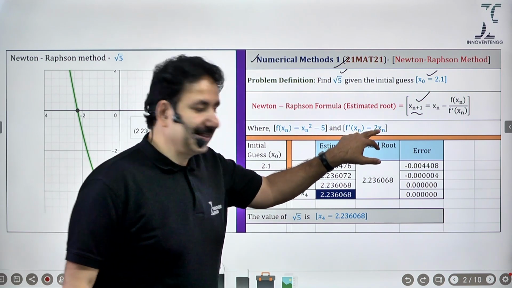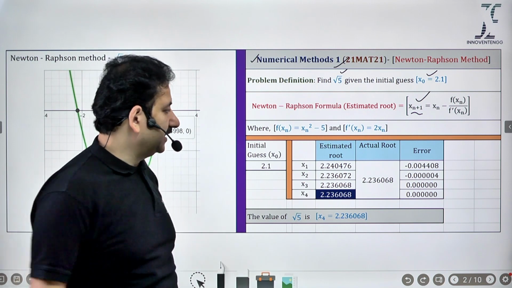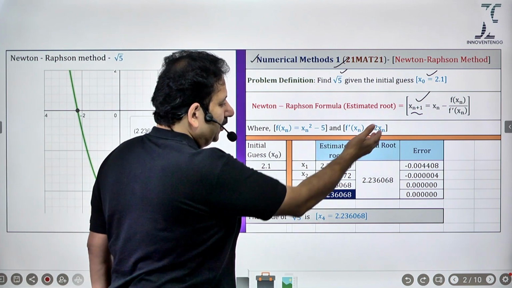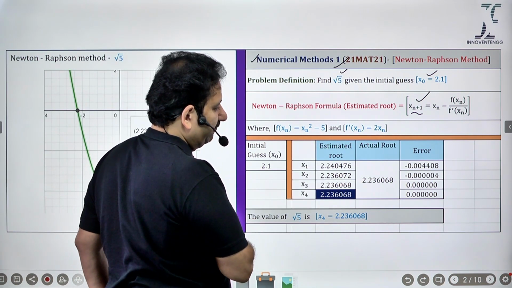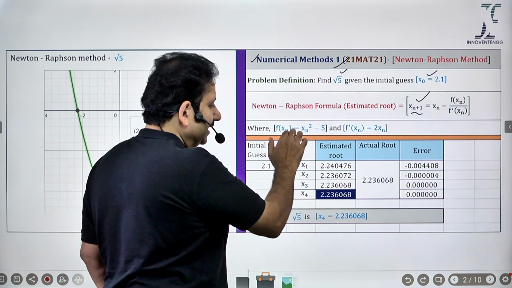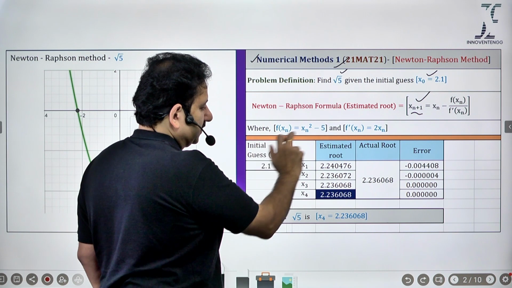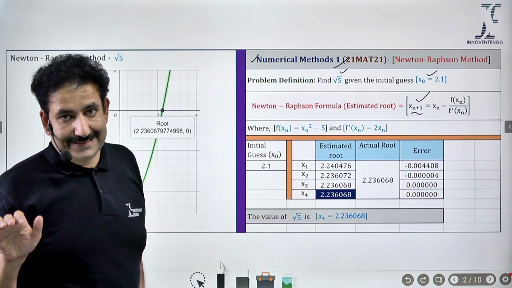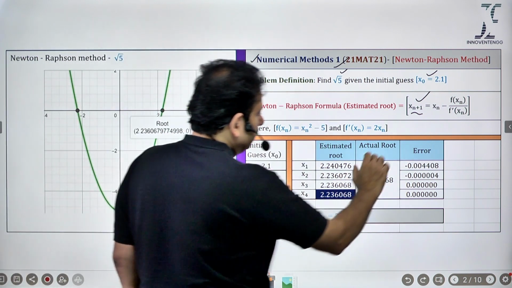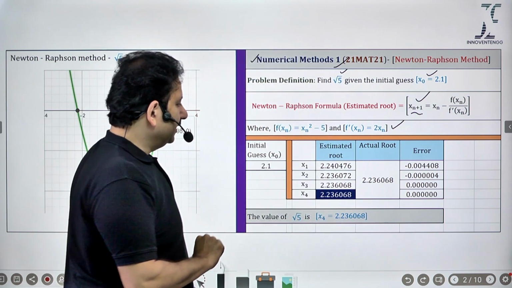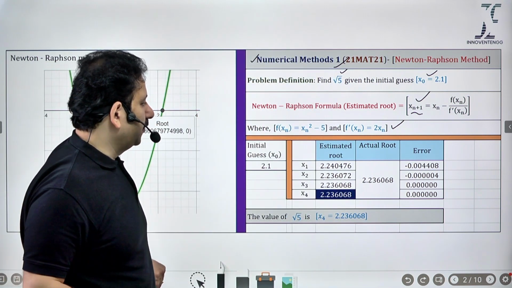At nth iteration, this is the value of f dash. If n is replaced by 0, you get the value of f dash for the initial guess, and also if n is 0, you get the value of f of x for the initial guess. That's very important. So these two are done, right? So we have given the formula for this.